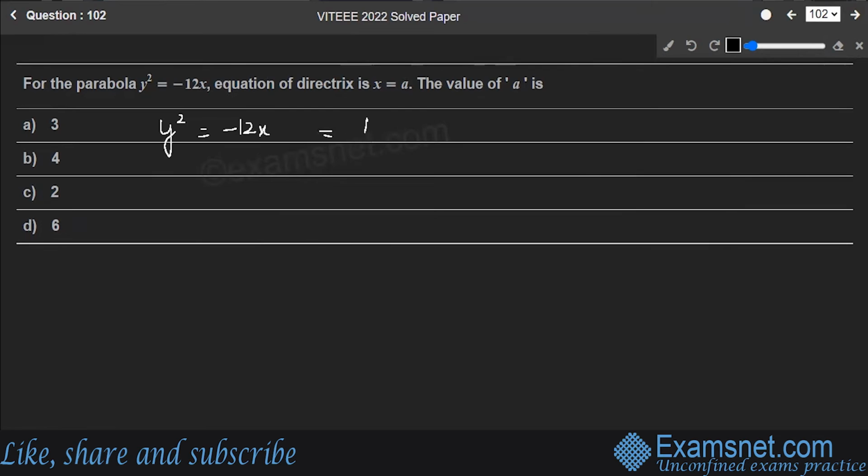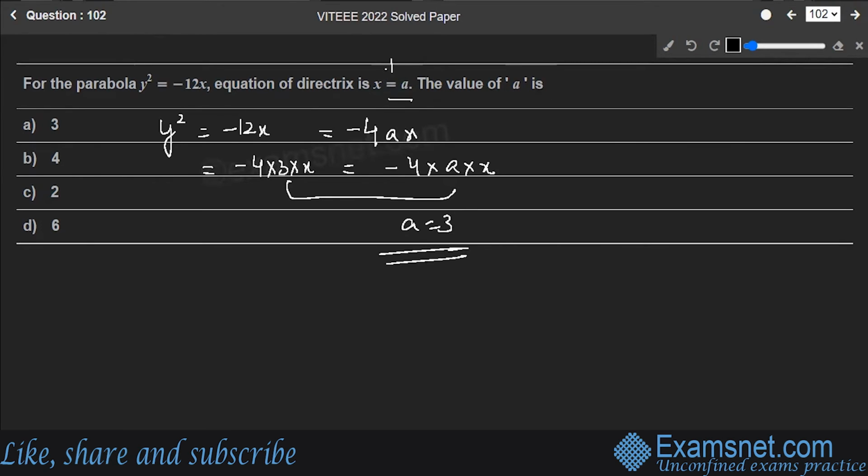If I compare it with the general equation, minus 4ax, this is minus 4 into 3 into x, which is equivalent to minus 4 into a into x. That means a is equal to 3. Simple as that. So the equation of the directrix is x is equal to 3, which makes option A the answer. Hope you understood this, right?